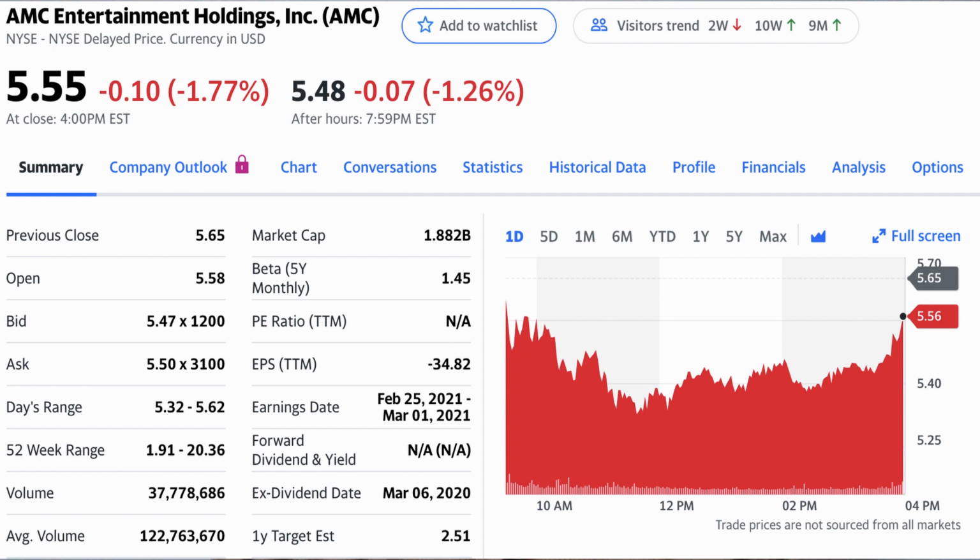Additionally, because the share price is much more volatile, the stock is not as liquid as a large cap company, but it's important to note that these companies with smaller market caps have the highest growth potential in the future. The small cap company we're looking at today is AMC Entertainment Holdings, stock ticker AMC. They currently have a market cap of $1.882 billion.